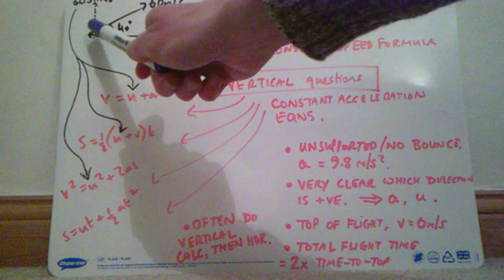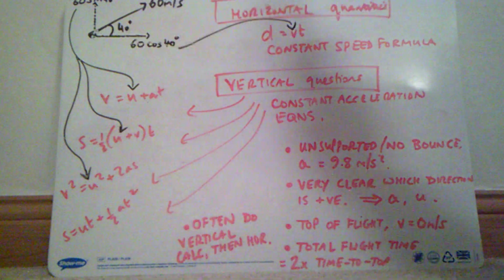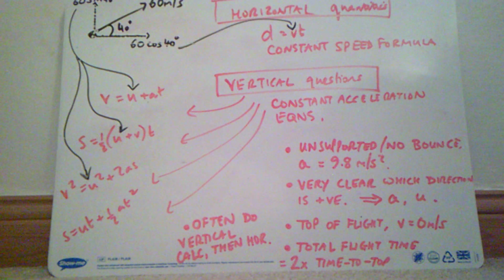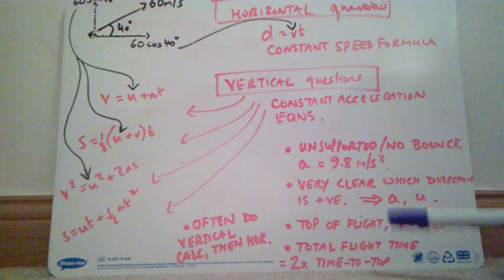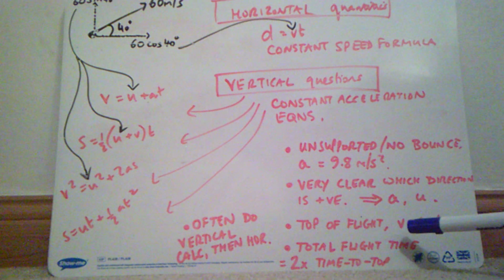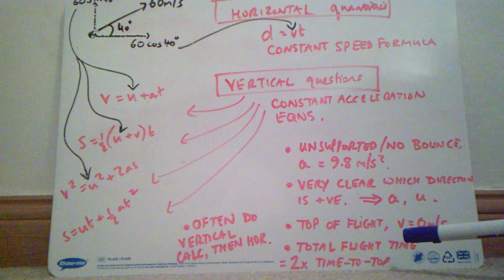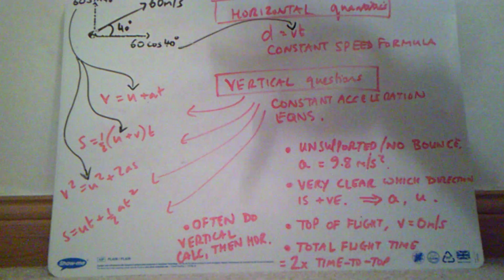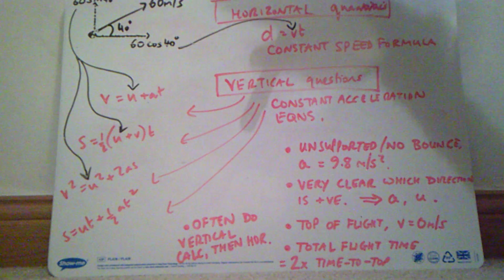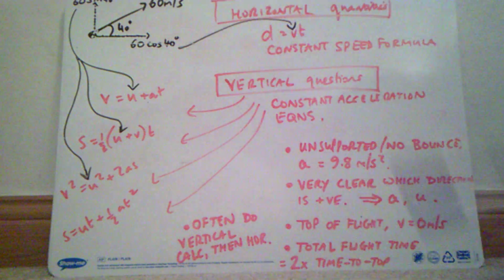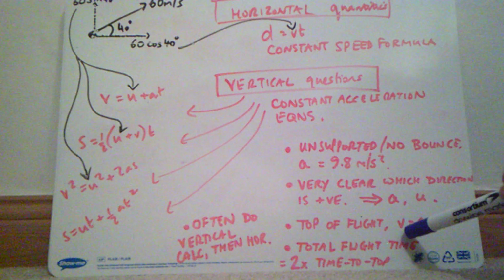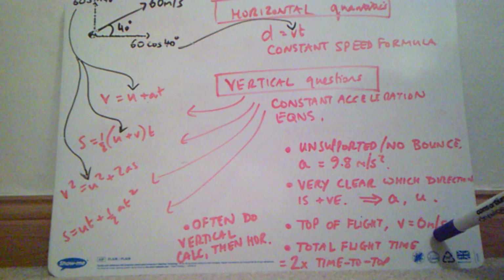If something's lobbed up forwards, but you're just thinking about the vertical situation, at the top of the flight, although the ball will still have horizontal motion, vertically, for an instant or less than an instant, it will be at rest. So you can say at the top of the flight, then v, the final speed, is 0.